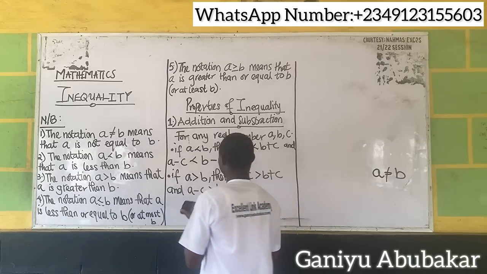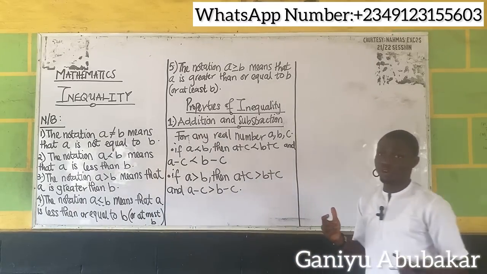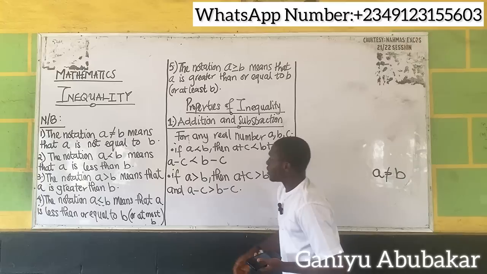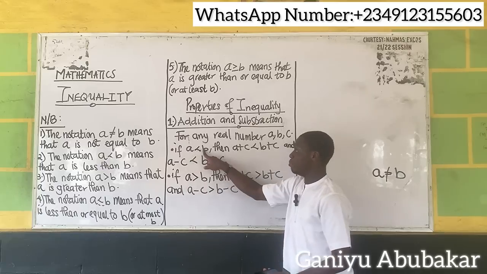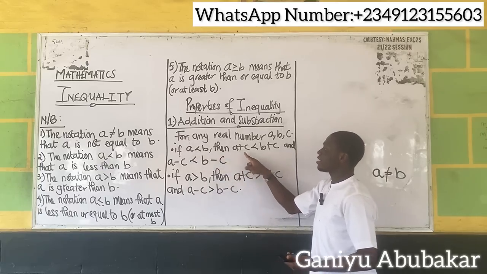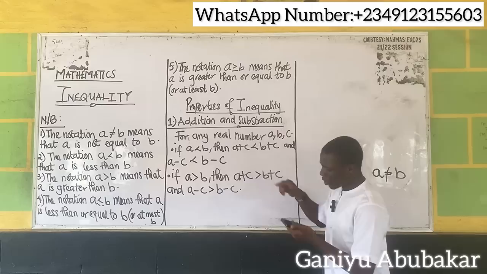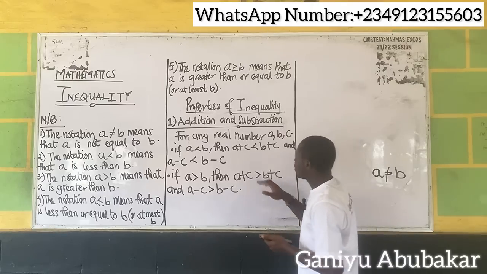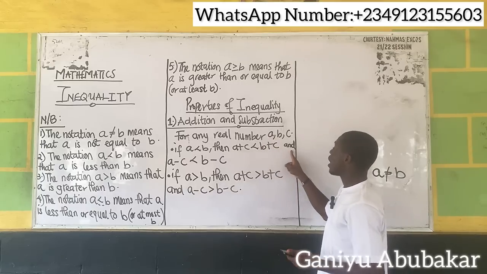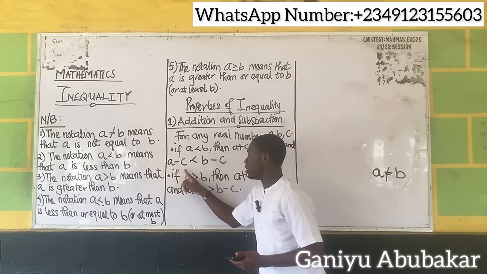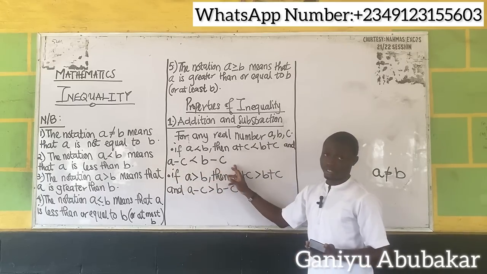When it comes to addition and subtraction properties of inequality, note 2 things. Number one, if I have a less than b, then a plus c is less than b plus c, and a minus c is less than b minus c.